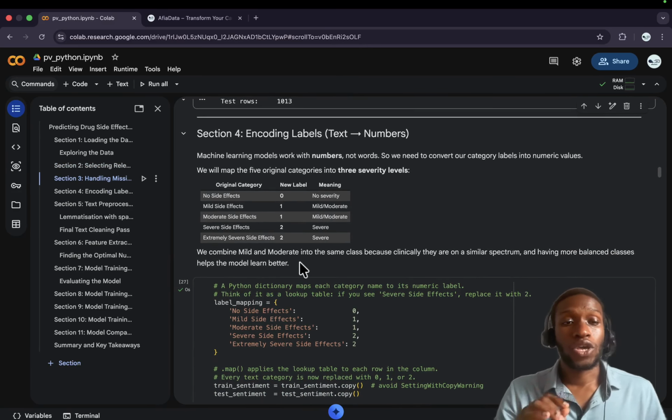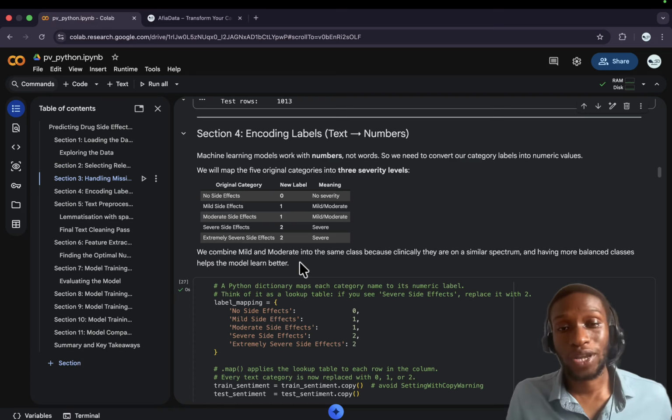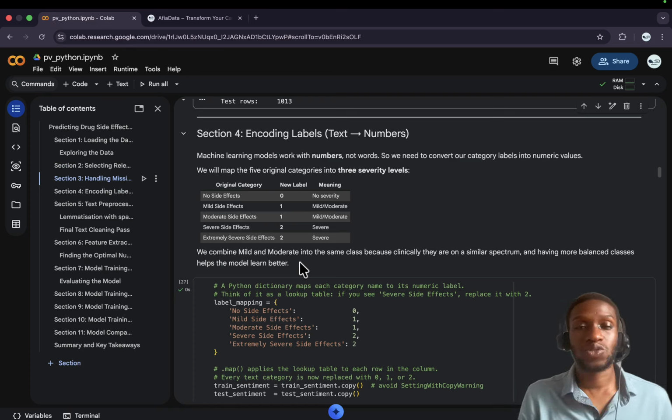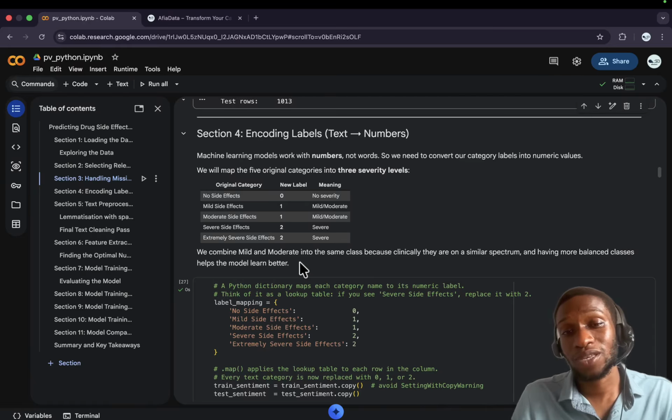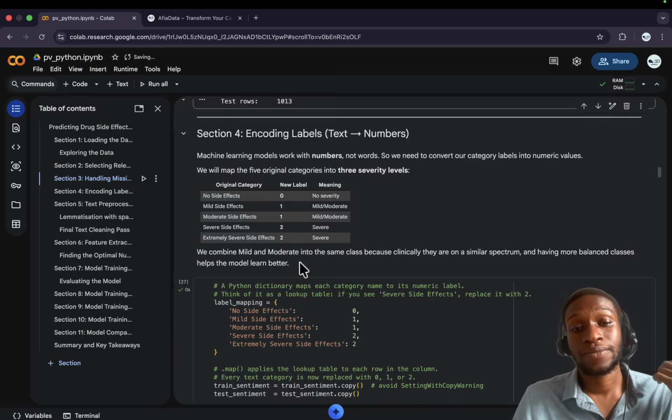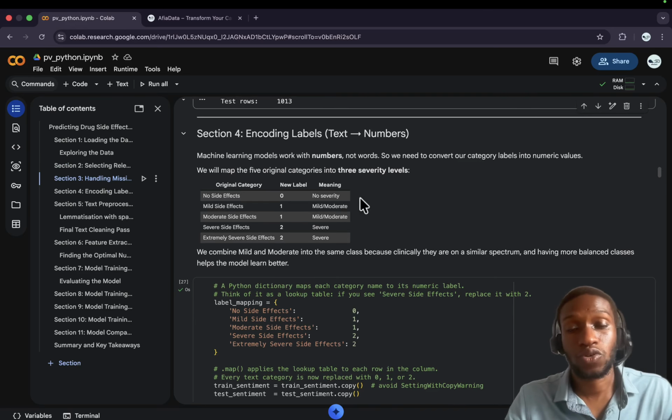In this next bit, we will do what we call encoding labels. In this case, we are turning text to numbers so that they can be labels for us to build classification models with. This workflow looks different within the current frontier models that use LLMs, but the real takeaway for you in this video is to understand how this process happens in natural language processing, or NLP.